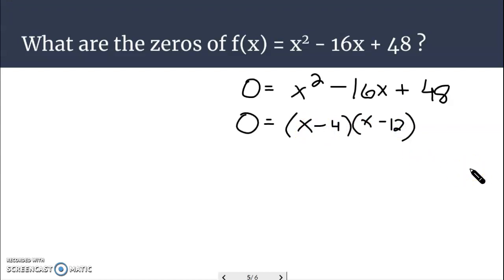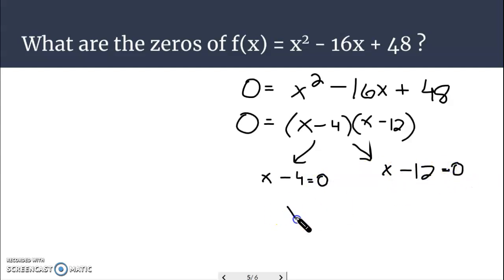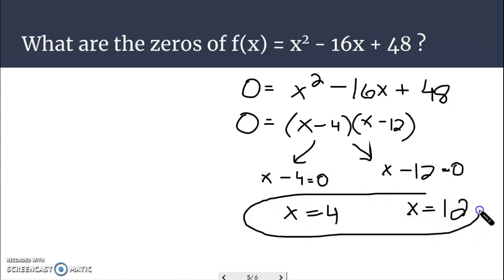If I do negative 12 plus negative 4, I get negative 16. We have two equations to solve for x. X minus 4 equals 0, and x minus 12 equals 0. X equals 4 and x equals 12. Two zeros. It's also where the graph of this function crosses the x-axis. And think about it, the x-intercepts, that's where the y-coordinates are always 0 on a graph.